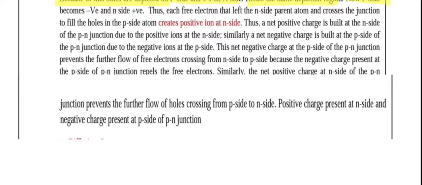Now the p side becomes negative and the n side becomes positive. Thus each free electron that left the n side parent atom and crosses the junction to fill the holes in the p side creates a positive ion in the n side, or donor ion. Thus a net positive charge is built at the p-n junction due to the positive ions at the n side.